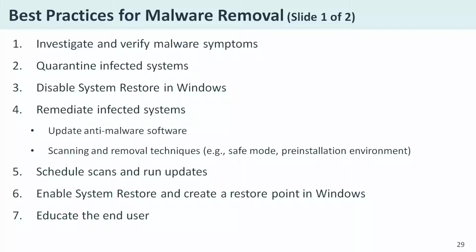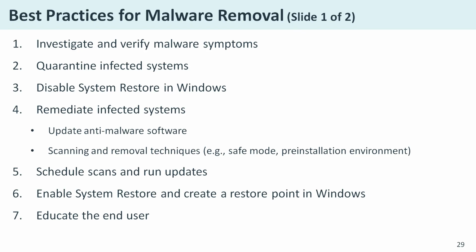So, best practice for malware removal: investigate and verify malware symptoms. Quarantine infected systems. Infected systems, of course, you only have to qualify whatever you feel: a file, documents, programs, whatever you see that you can quarantine. Disable system restore in Windows. So what is system restore?